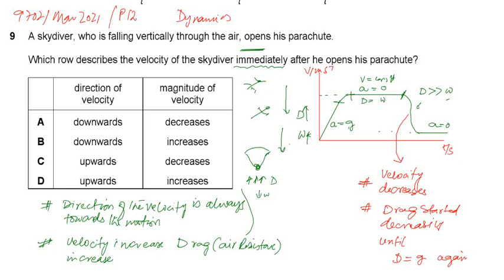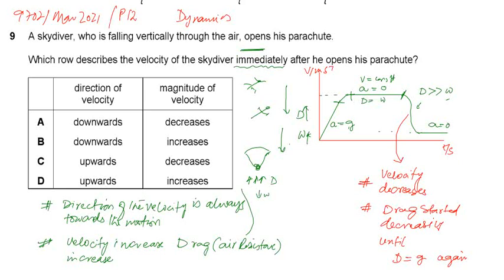Now, as soon as he opens his parachute, the air resistance force increases tremendously, as the parachute fills with air. So the drag force becomes very much greater than the weight. When the drag is very much greater than the weight, the velocity starts decreasing.